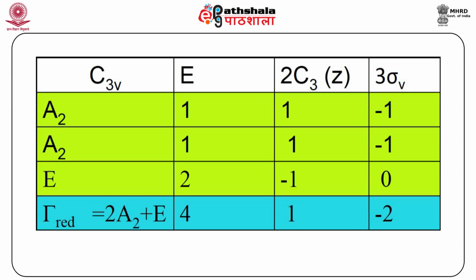Under E we have 1, 1 and 2, that is 4. Under C3 we have 1, 1, minus 1, that is equal to 1, and under sigma V we have minus 1, minus 1, 0, that is minus 2. That is, tau reducible is equal to 2A2 plus E, 4, 1, minus 2. So, we can reduce this in a simple manner.